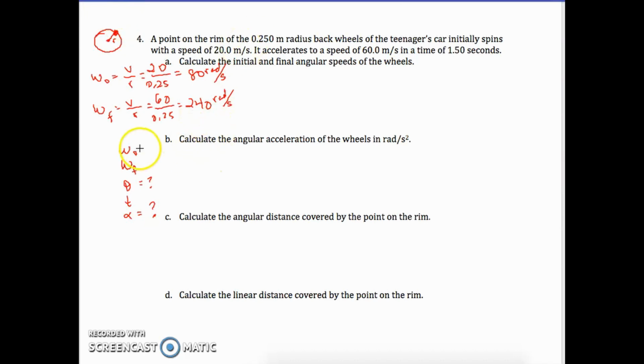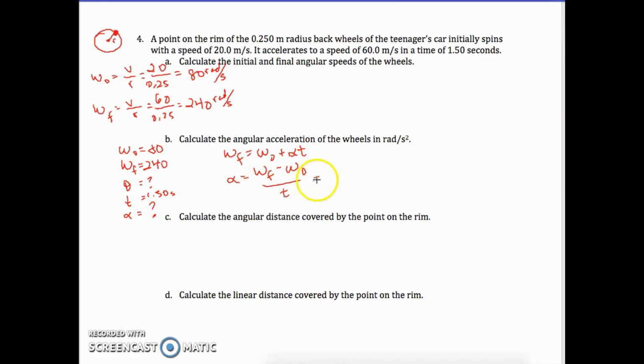Okay, now that we have our speeds converted and 1.5 seconds for the time, we can get the angular acceleration with our favorite kinematic equation. And again, you can either rearrange the equation first or you can plug in the numbers first.